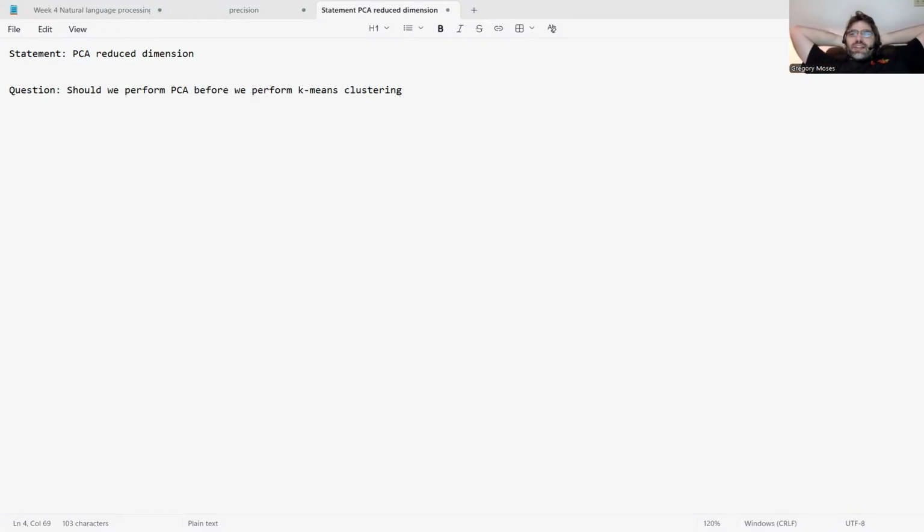The reality is that in data analytics, you don't have a lot of theorems saying, yes, definitely do this. There's no theorem that says you should do PCA first because it will speed k-means up by 20%. There's no theorem that says you should do PCA first because it will reduce error by 2%.